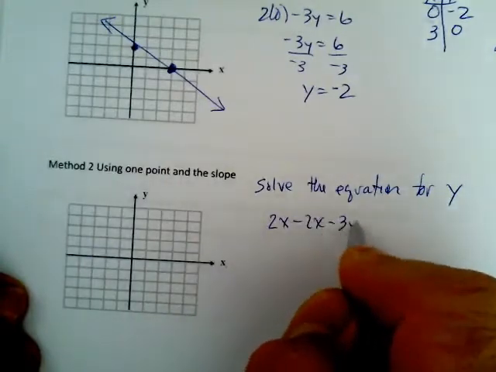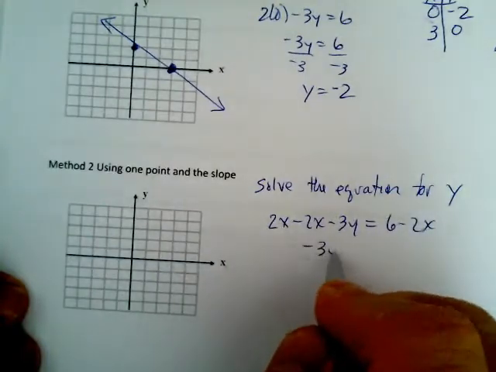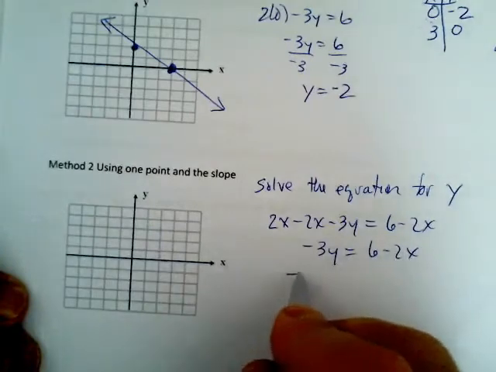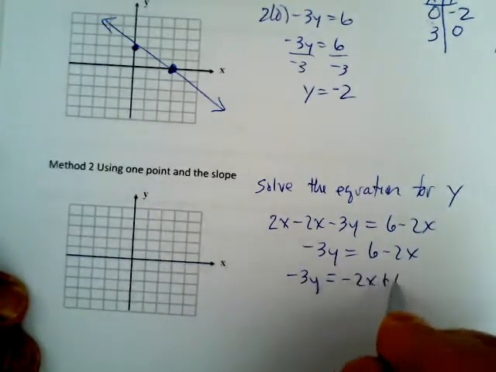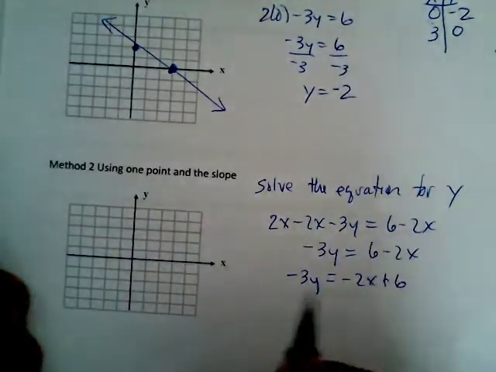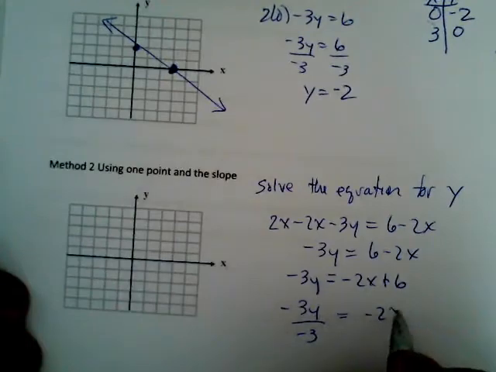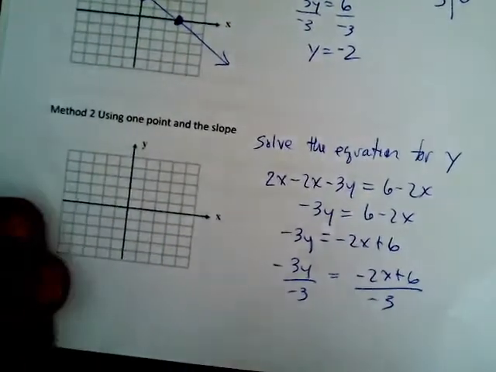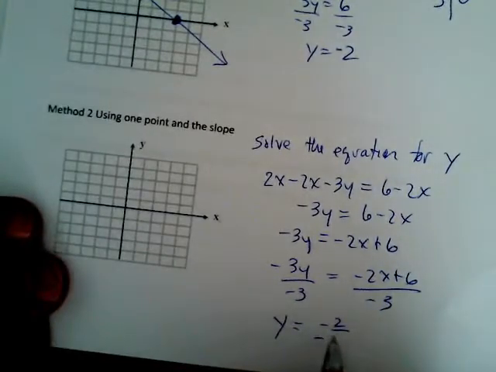So I subtract 2x from both sides. Reorder my terms. Watch your signs here. Divide both sides by -3. Distribute that -3.